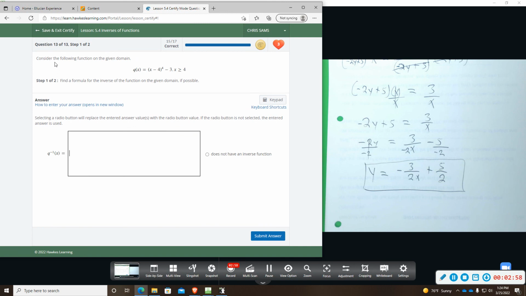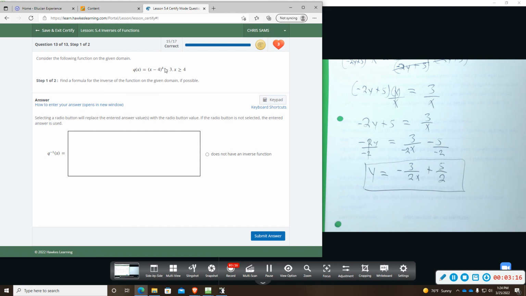Okay, and then 13, our last one, we have two parts. So first we want to find the inverse of the function on the given domain if possible, and then we'll have a part 2. So just the inverse on the given domain.